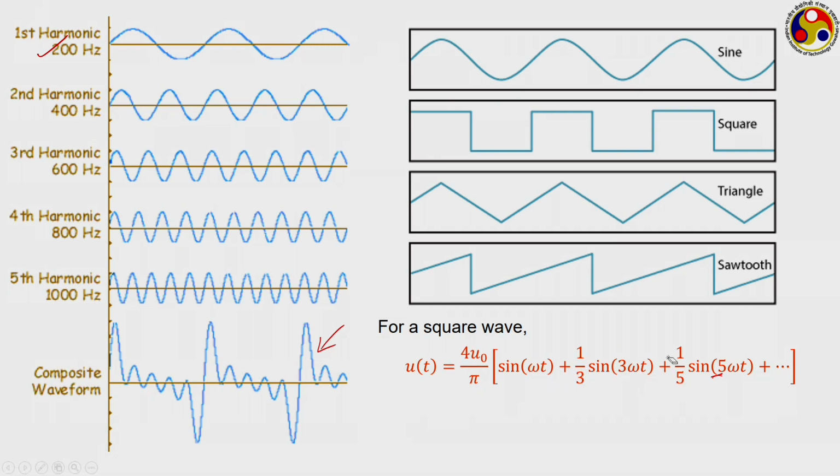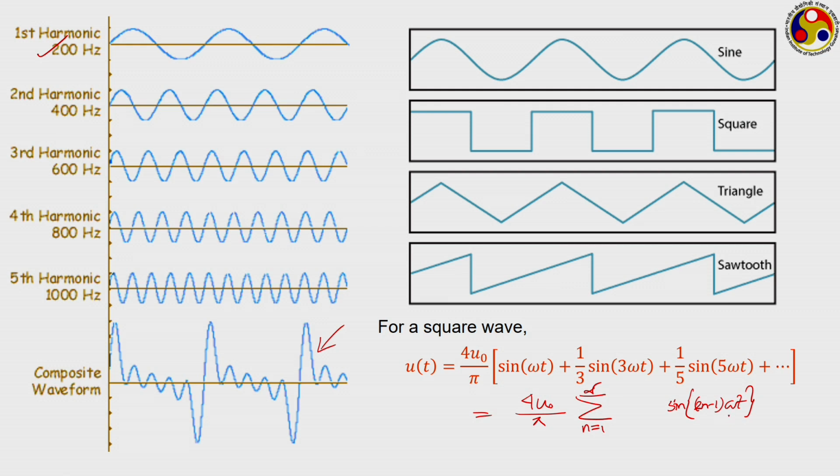That means we can combine this into a common structure. If we write this particular one as 4 u naught by pi, which is the amplitude of the fundamental mode, and then sum over n equal to 1 to infinity, we know that we get the signal as sine of something. Now we have a number to put in, like 1/3, 1/5, those effects have to come in, and then there will be a sine omega t, but these are all odd numbers, is it not? Then, seeing that odd number portion, we can write it as sine of (2n minus 1) omega t.